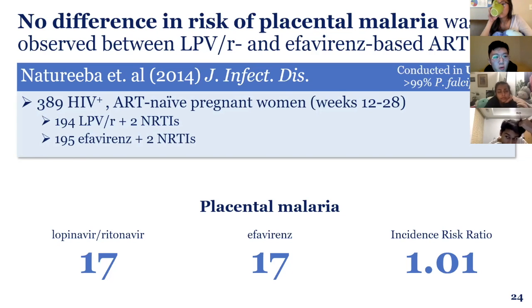We're looking at HIV-positive pregnant women that received either LPVR antiretroviral therapy or efavirenz-based antiretroviral therapy, and essentially they had the same rate of malaria, placental malaria, and the incidence risk ratio was 1.01, so essentially identical.